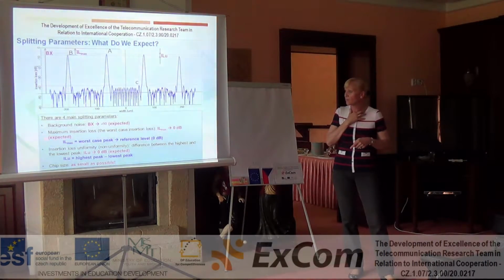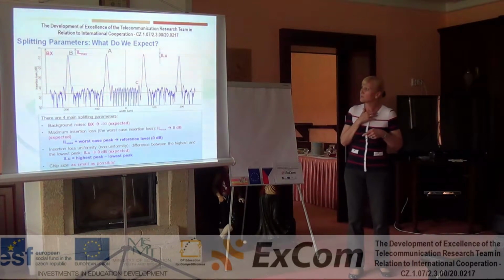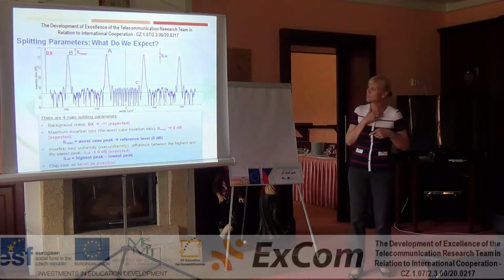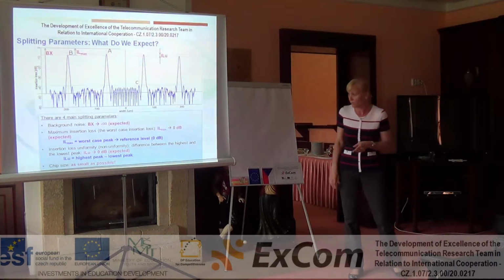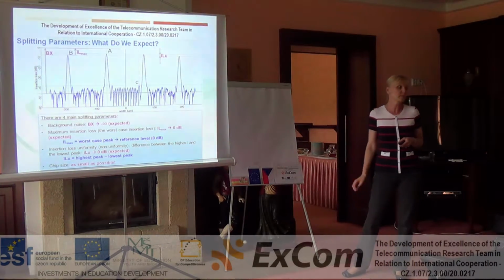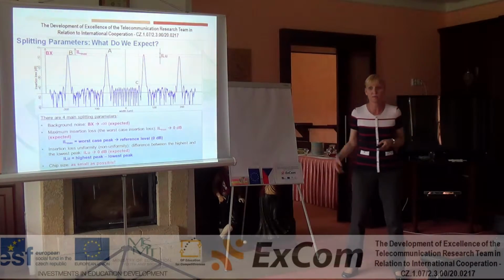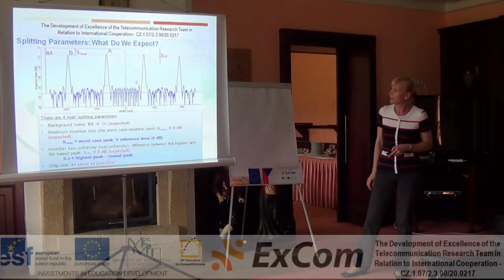Then, no losses, of course, but that is not possible, and I will explain why. And of course, we would like our designed optical splitters to split the signal equally. It means to have all signals the same height, that is, zero non-uniformity. And of course, chip size is a very important parameter. I will talk about that later.